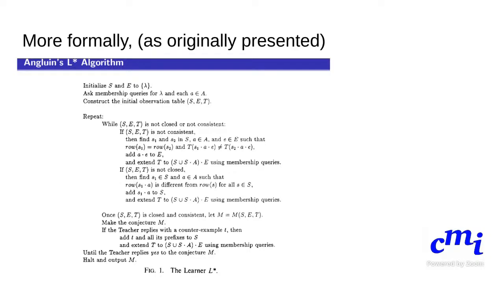Equivalence queries are supposed to be expensive, and asking arbitrary membership queries will take us a really long time. So L-star gives a polynomial time.